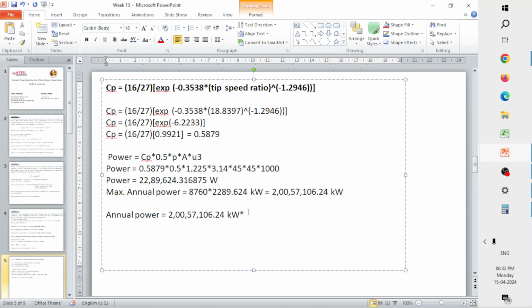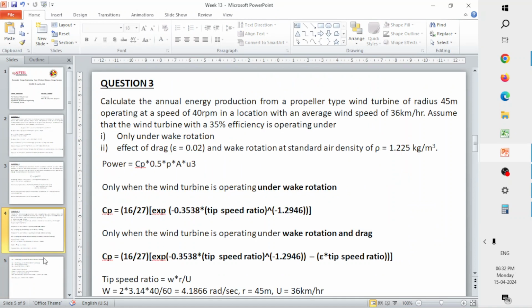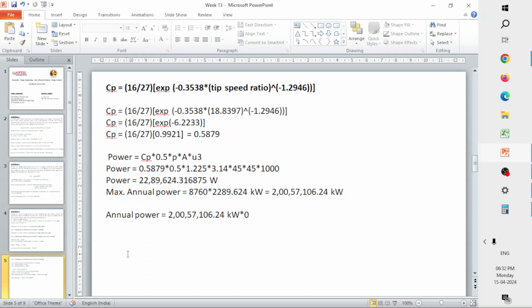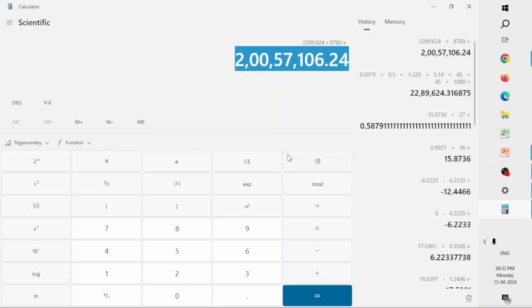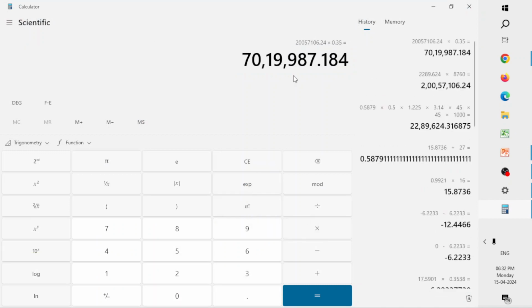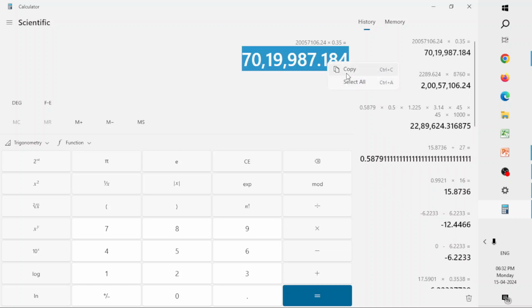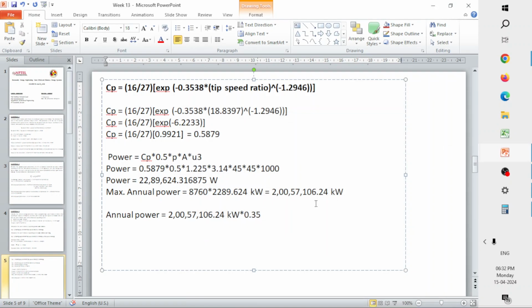The turbine efficiency here we have seen is 35%, so 0.35. So just multiply that. So this much amount of watts or kilowatts will be your annual power.